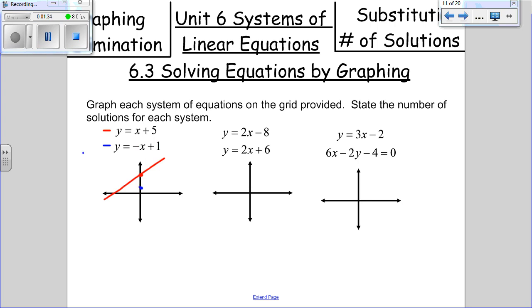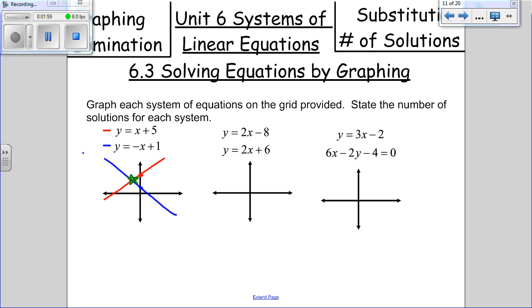And it has a slope of negative 1, so it goes down 1 over 1, and it should look something like this. These two equations would have one solution right there. So graphically, that's what it's going to look like. We're going to be graphing things and finding where they cross each other.